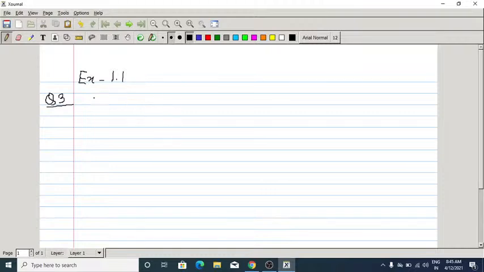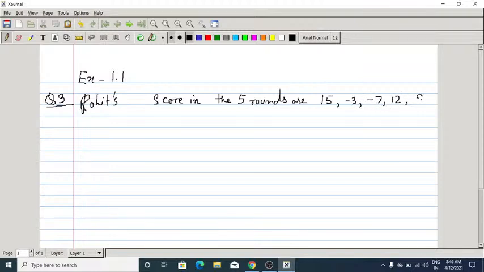So, how many rounds did Rohit go through? Rohit went through 5 rounds. So, the statement will be: Rohit's score in the 5 rounds are, what are they? 15, minus 3, minus 7, 12 and 8.